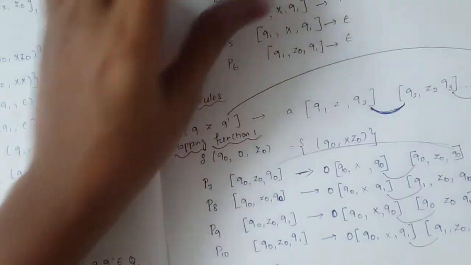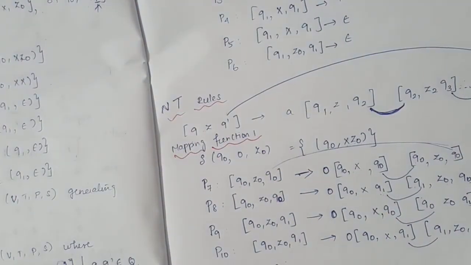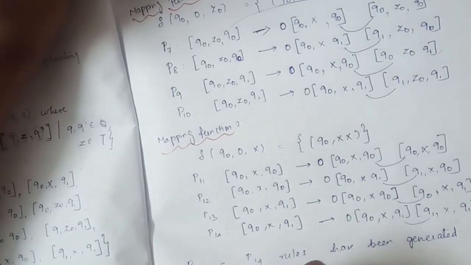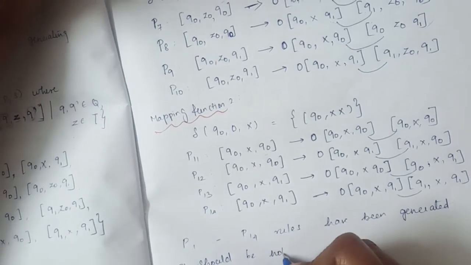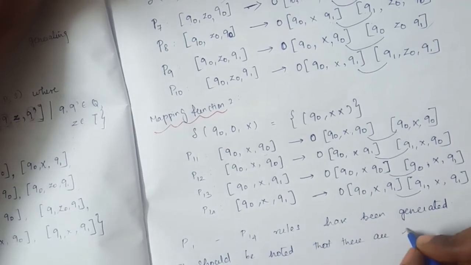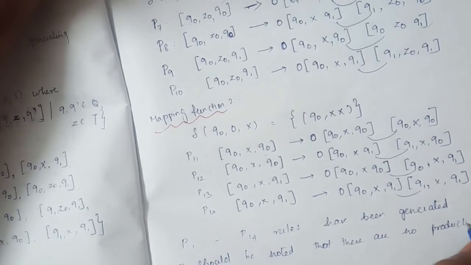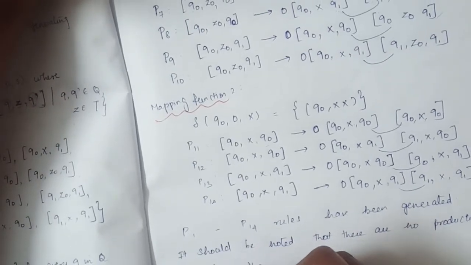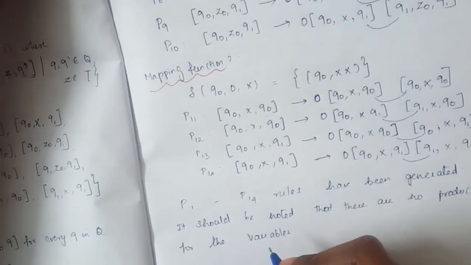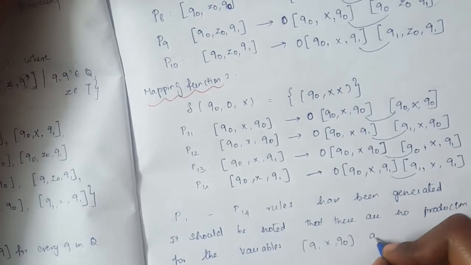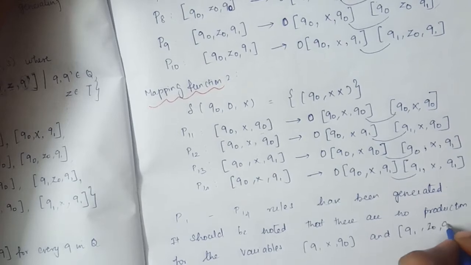So see here, it should be noted that there are no productions for the variables Q1 x Q0 and Q1 z Q0.